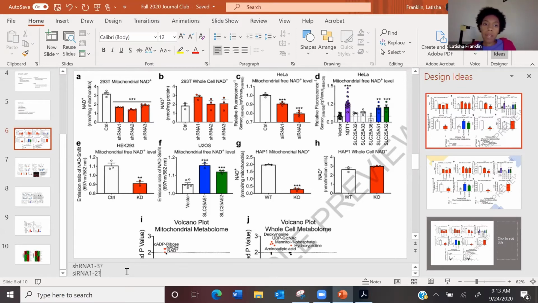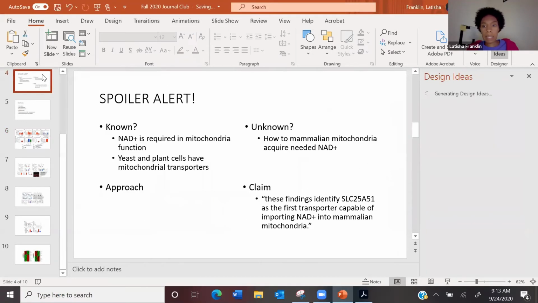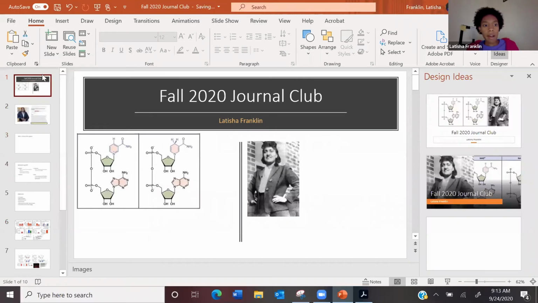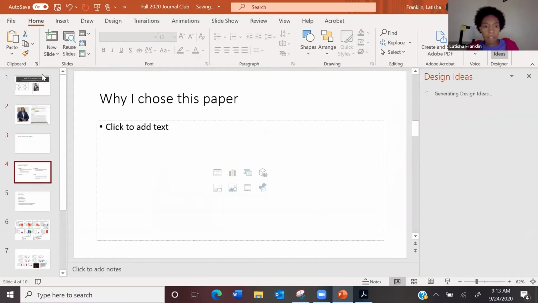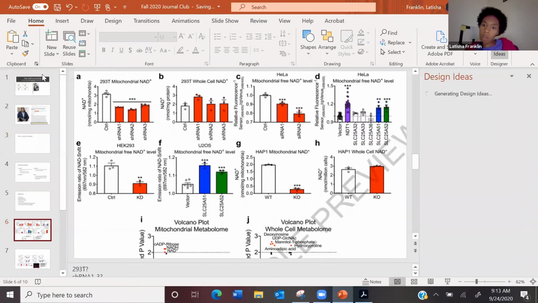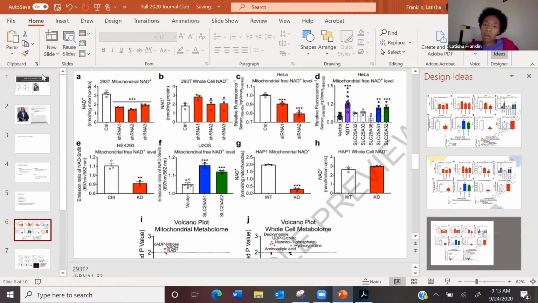If we go back to the title of that paper, it is SLC25A51, so that's the bar in blue here.